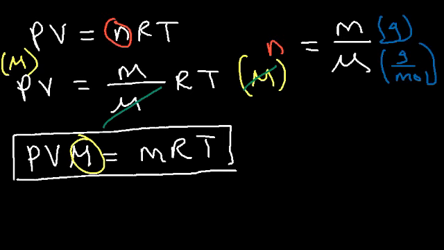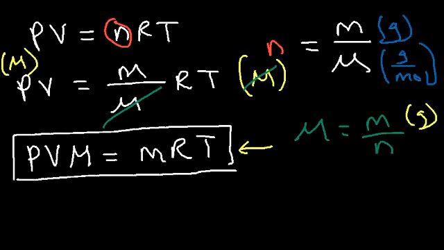So if you need to find the molar mass of a gas, given the grams of the gas, use this equation. Or you can use PV equals nRT, get the moles, and then take the mass divided by the moles. That will give you molar mass as well. So keep in mind, molar mass, if you ever need to find it, is simply the mass divided by the moles. Take the grams divided by the moles and you should be fine.